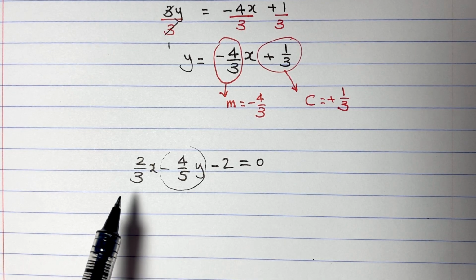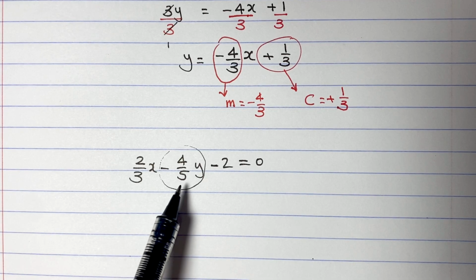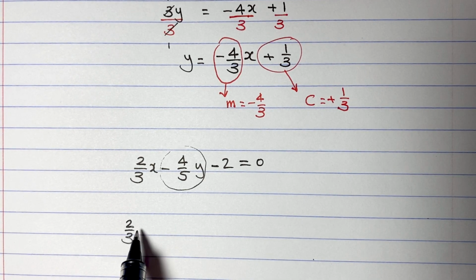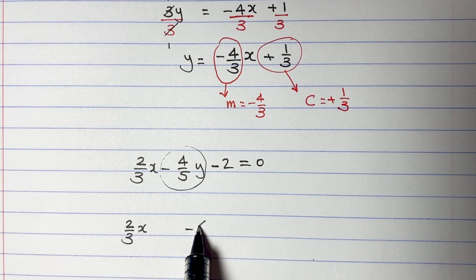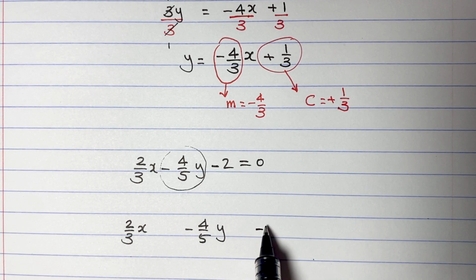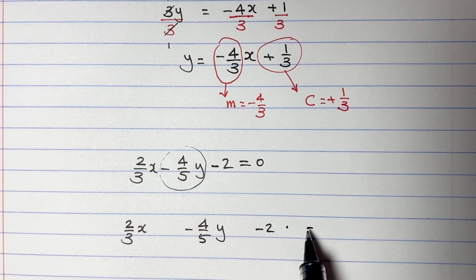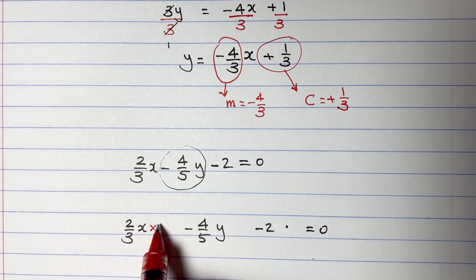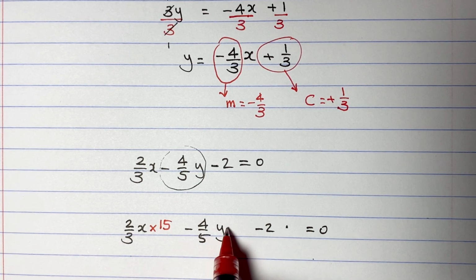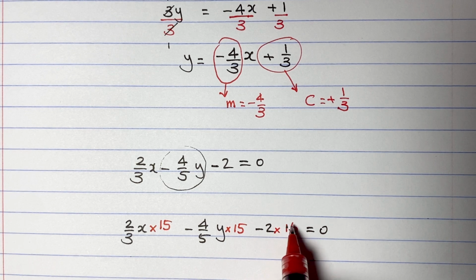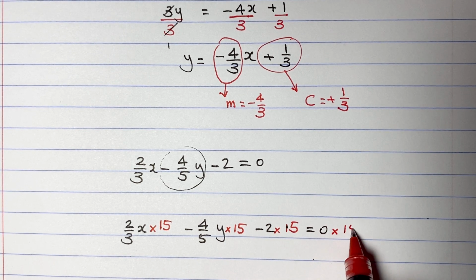Multiply both sides by a number which would get rid of 3 and 5. That would be 15. So I multiply each term by 15, times 15, times 15, times 15, both sides.